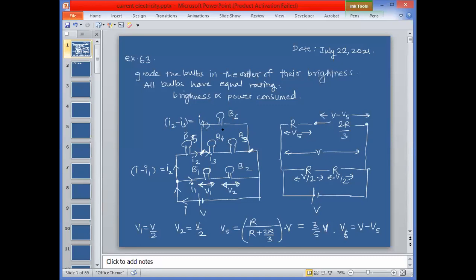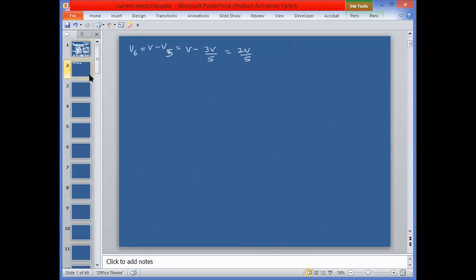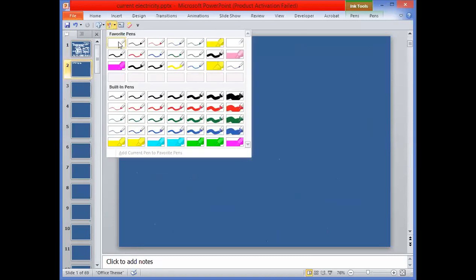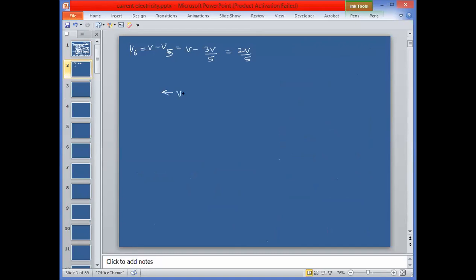Shall I write it like this? Check if I am right or wrong. A total of V6 potential difference is being shared by the fourth bulb having resistance R and the third bulb having resistance R. So V3 equals V4, and both are equal to half.